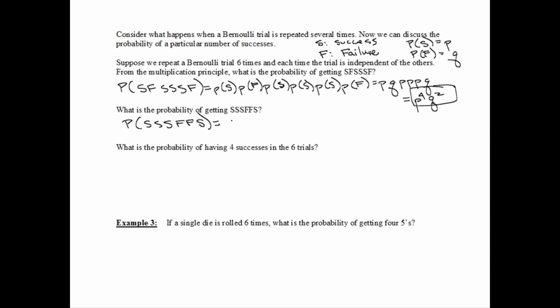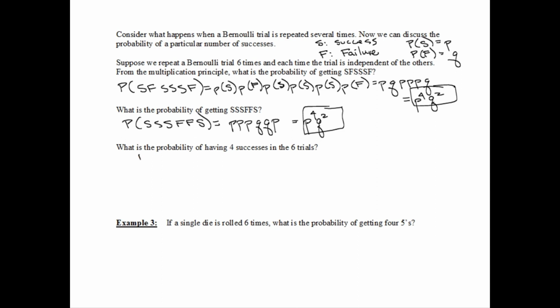So this time I'm going to have P times P times P, and then Q, Q, and then another P. So once again, I get P to the 4th Q squared. Notice the same answer as before. So now, what's the probability of having 4 successes in 6 trials?